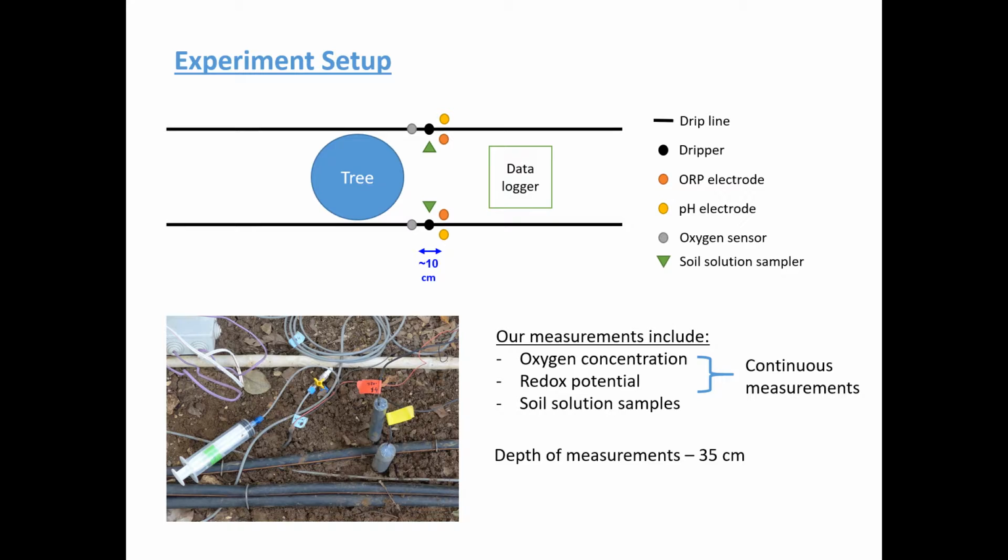We had two sets of electrodes on each side of the trees. Each set of electrodes contained one oxygen sensor, one redox potential electrode, and a pH electrode. And a quick word about redox measurements for those of you who are not familiar with this field.